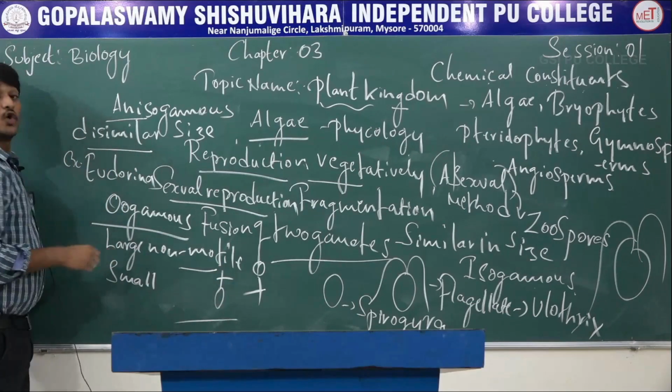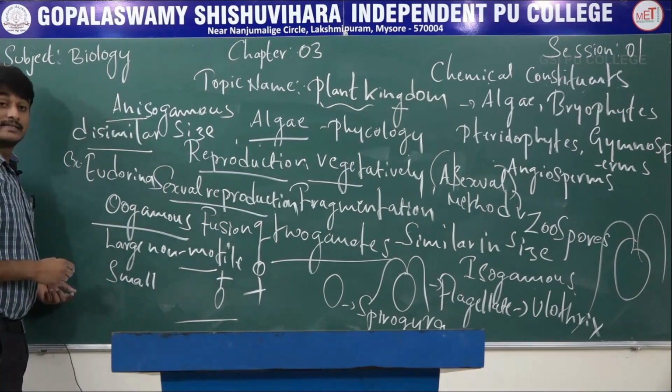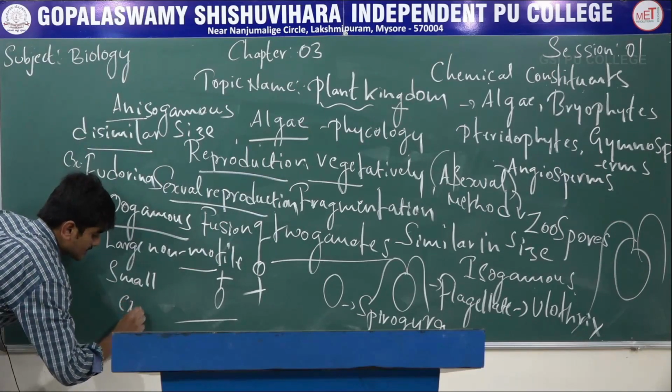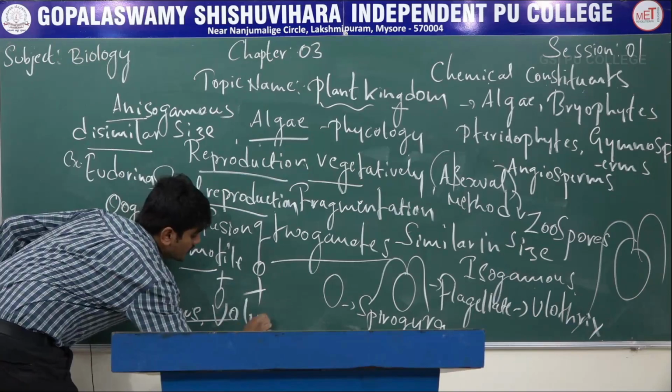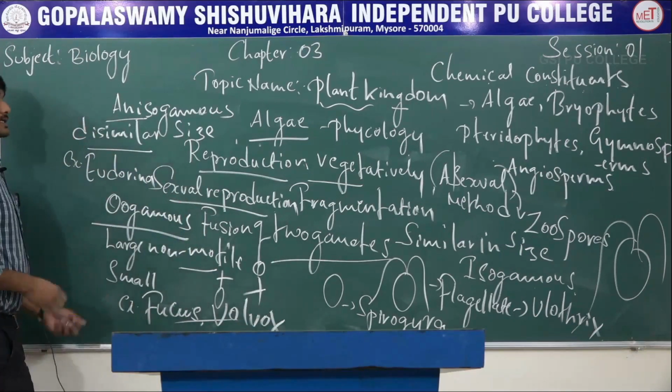So this is called oogamous. Example, Fucus and Volvox.